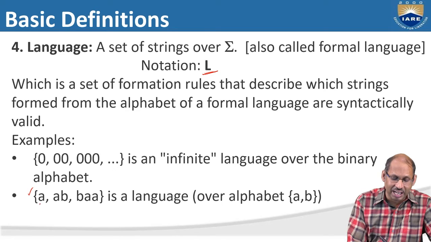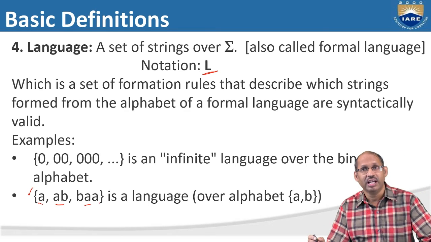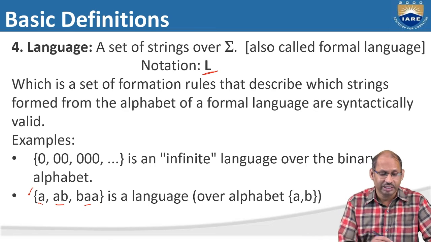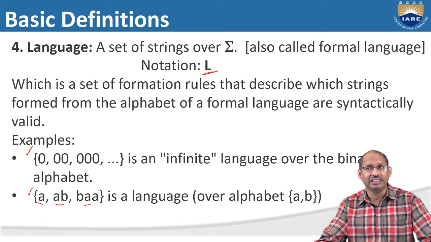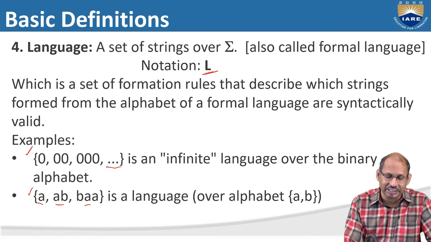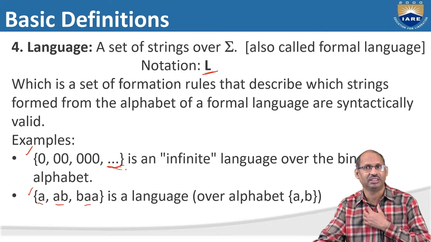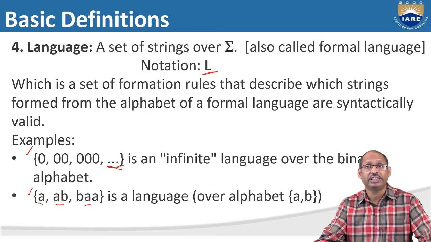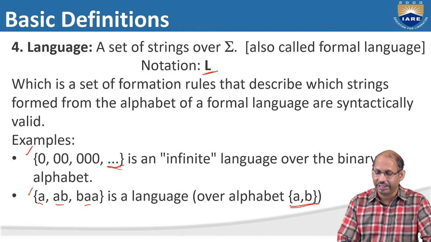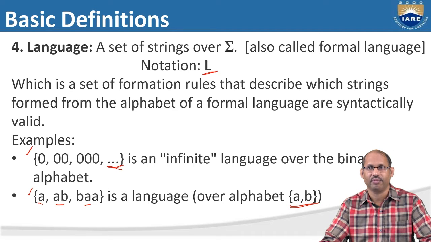This language has three strings: a, b, ba. The first language is infinite because it is constructed from zeros: any number of zeros, 0, 2 zeros, 3 zeros, and so on. The second example is a finite language of three strings, constructed over the alphabet a, b.